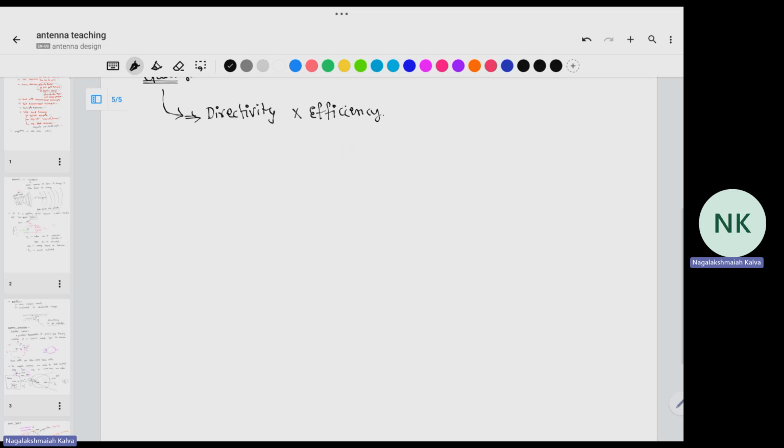While designing antennas, we might have come across gain or gain IEEE, realized gain, or absolute gain.